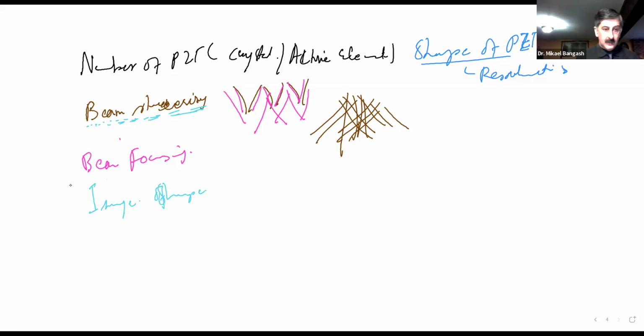And last but not the least is going to be the consequence of a damaged PCT, its effect on the image that we got, whatever shape it had. So how is a damaged PCT going to affect the image?